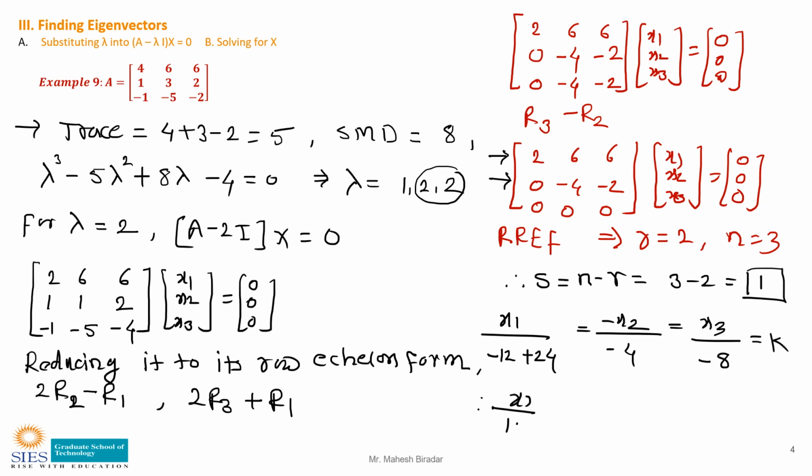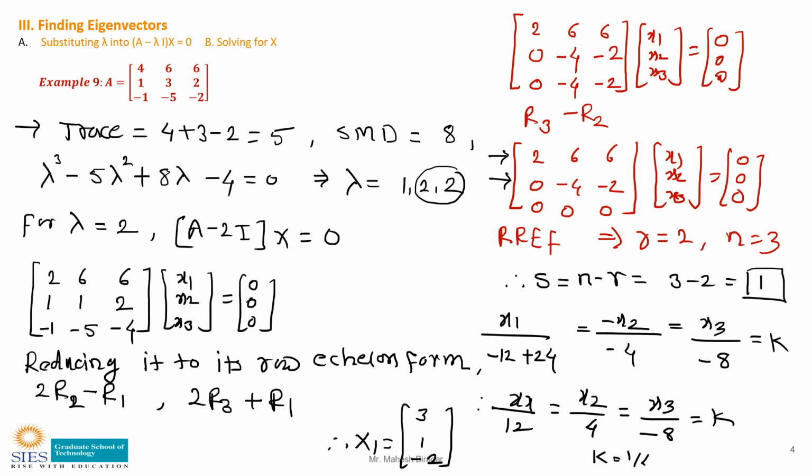So x1 divided by 12, x2 by 4 and x3 by minus 8 is equal to k. If you simplify, we will get a vector. You can take k as 1 by 4, so this will be 3, 1 and minus 2.